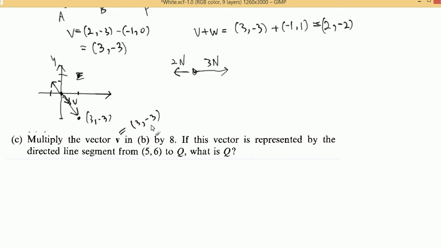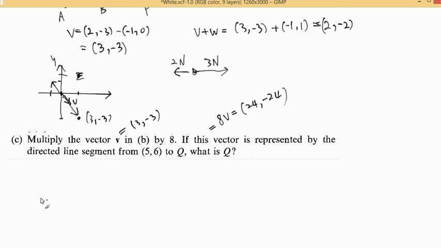In part B. So that's a displacement or force applied somewhere, and we're going to multiply by 8. So 8 times v, what is that vector? 24, negative 24. It is represented by a directed line segment from 5 comma 6 to something.